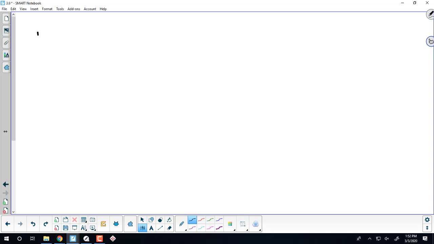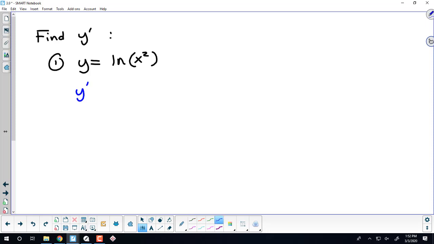So let's just say find y prime. Let's say we had the function y is the natural log of x squared. The derivative rule says that we've got natural log of some function. We're going to take 1 over the argument, and then we have to multiply by the derivative of the argument.